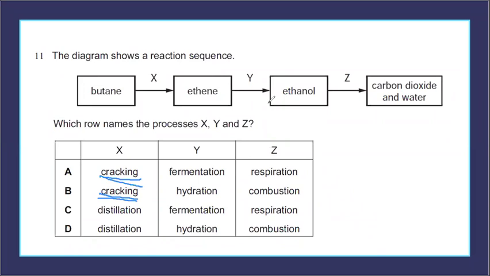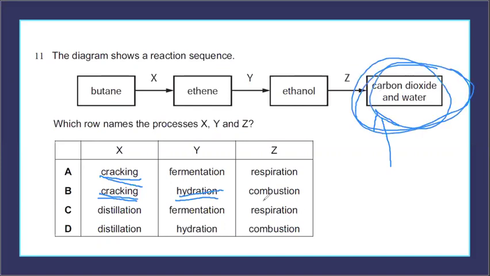So going from ethene to ethanol, water is being added across the alkene, so that's hydration, which gives us B. And then from ethanol to carbon dioxide and water, anytime a substance undergoes combustion, it produces carbon dioxide and water. So combustion is our next reaction. So B is our answer. B as in boy is the correct answer.